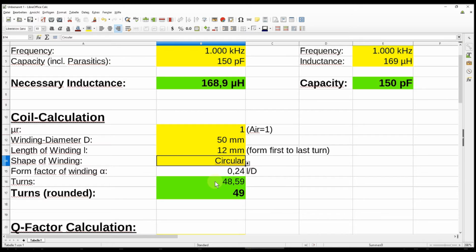And now the calculator gives us first the number of turns necessary to give 170 microhenries. Now I just told you that my coil has, I would have to count it again, around 40 turns. So you see, this Excel sheet is not exact science.